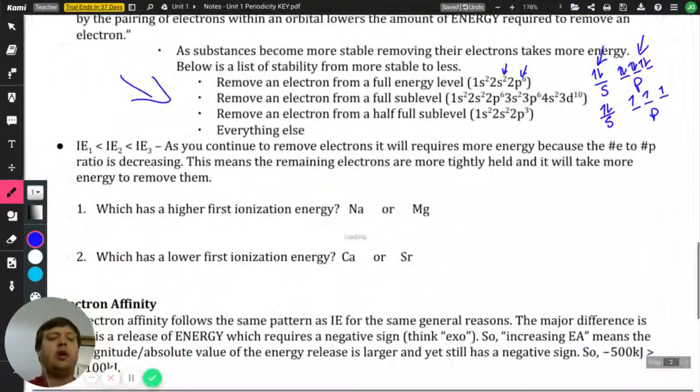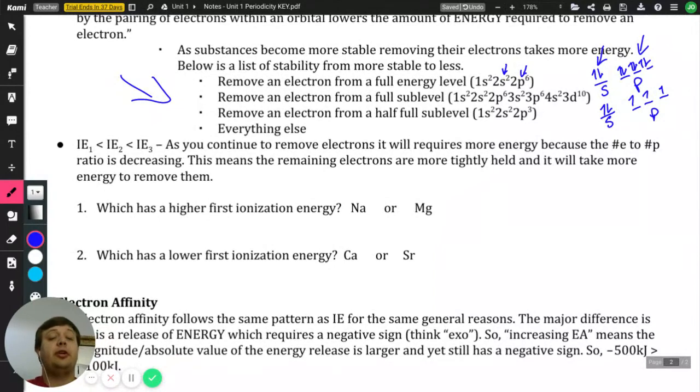Now, if we talk about ionization energies, so this is again the energy required to remove an electron. Well, we talk about them as removing electrons one at a time. So ionization energy 1 would be removing 1 electron. And then if we wanted to take another one, we would call that ionization energy 2 or IE2. If we moved to third, it would be IE3, and then fourth would be IE4.